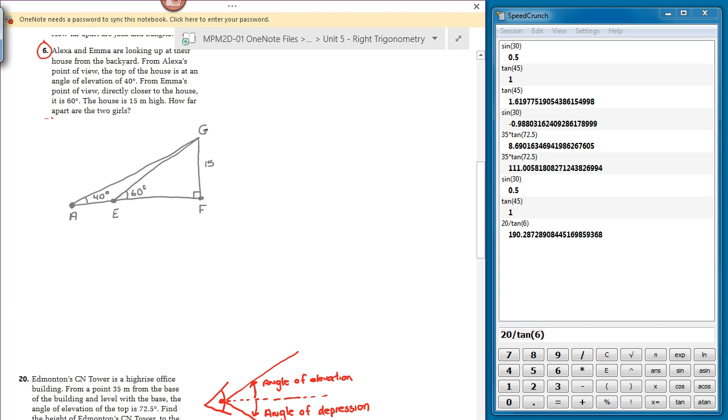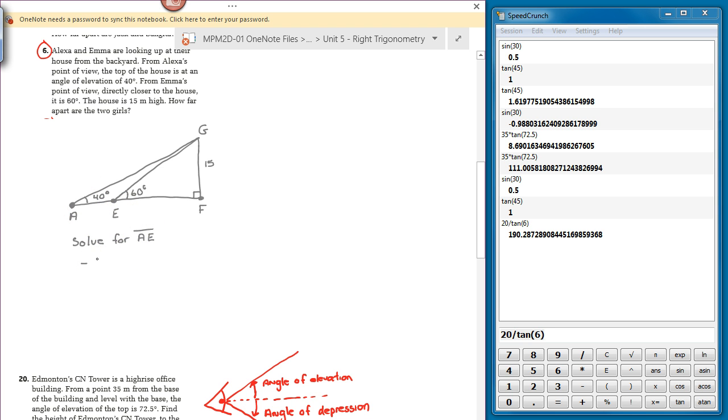There we go. So in this problem, let's first ask, what do we want to solve? We want to solve for AE because we want to know how far apart the two girls are.